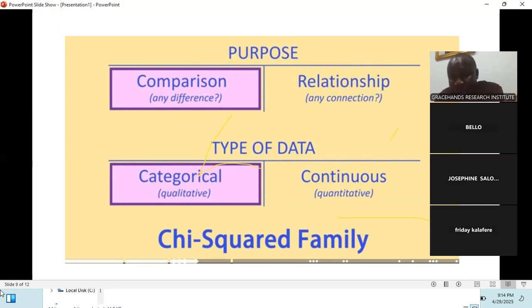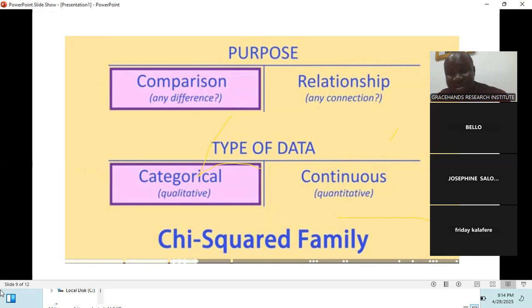When you want to deal with chi-square, make sure you are dealing with comparison differences. So when you have a statement like this, to determine the association between, to determine the significant difference between, those are chi-square kind of statements.